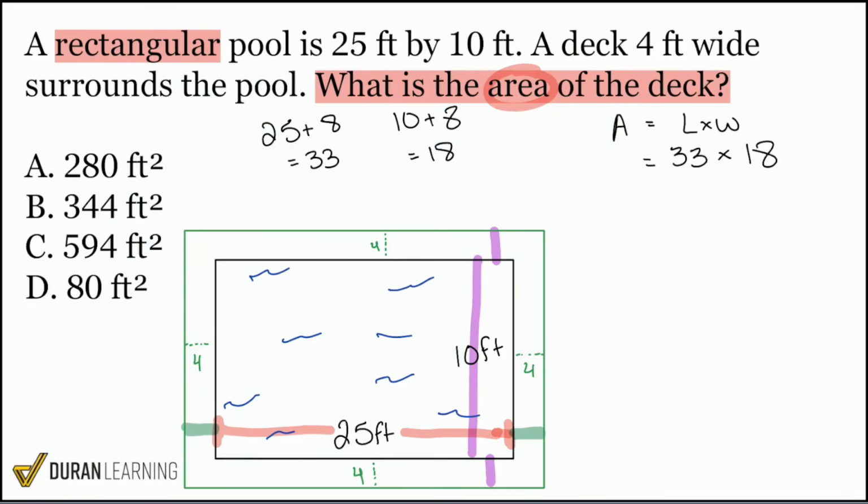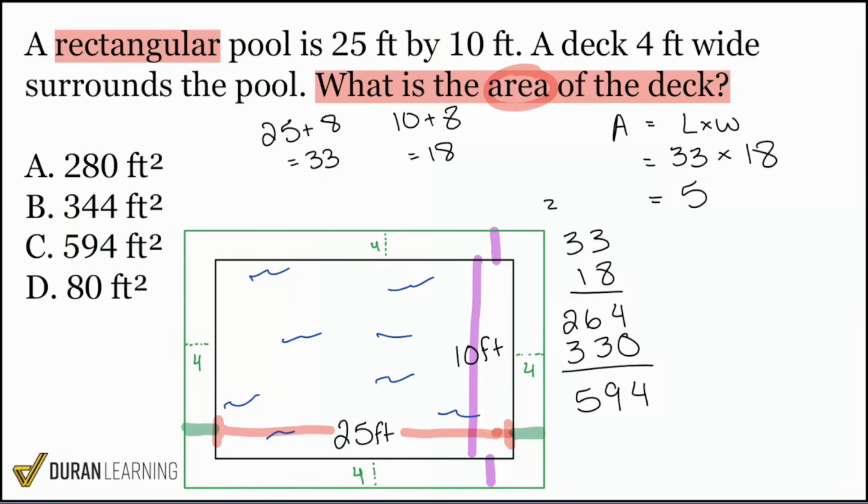33 times 18 is going to be that big area. Everybody, that big area, let's go ahead and calculate that. 33 times 18. 3 times 8, that's 24. Carry the 2 is 26. Then we mark a 0. 33 times 1, so 3 times 1. Add this up. 4, 9, and 5.